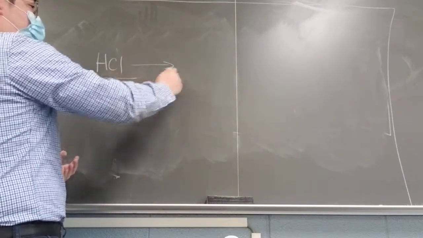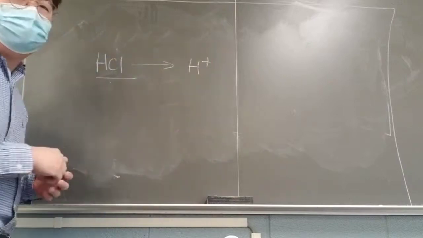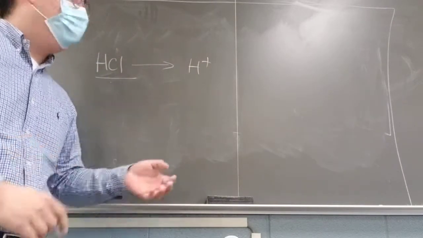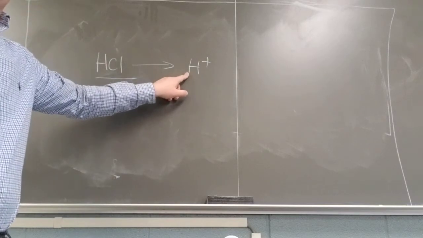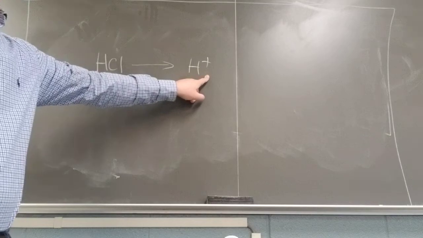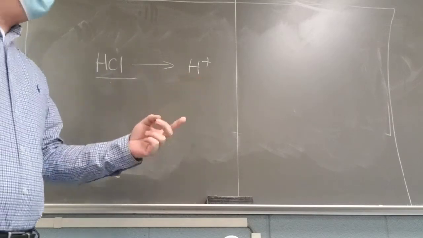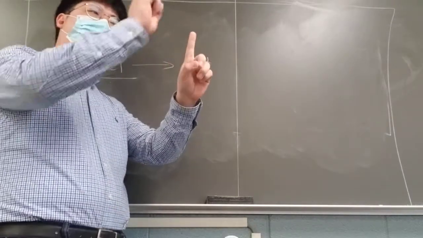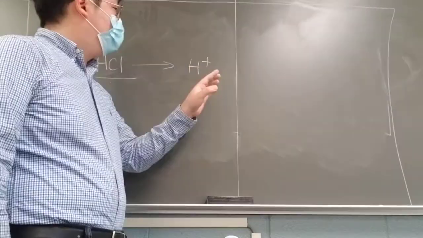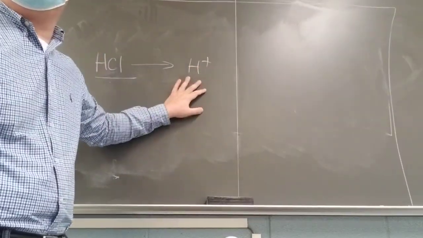It will actually give you a lot of H+, which is a hydrogen cation, the same as a proton. Because hydrogen is only made of what? One proton and one electron. But it becomes a cation when it loses the electron. So once it has lost the electron, there's only one proton. So hydrogen cation is the same as a proton.